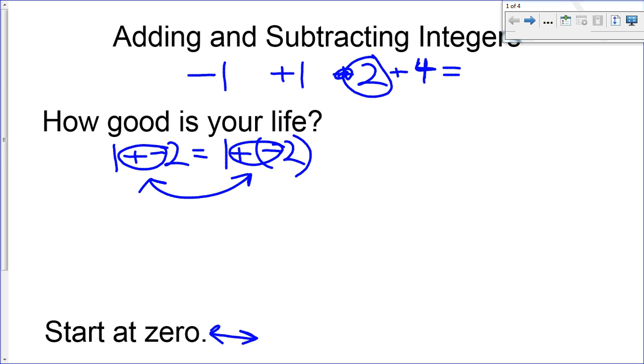When there are 2 symbols in a row, there are 4 scenarios. The first scenario, you can have 2 positive signs in a row, like 1 plus positive 2. Before we go on, 1 plus 2, a number without a symbol, is a positive, so that's really a positive 1 plus a positive 2.